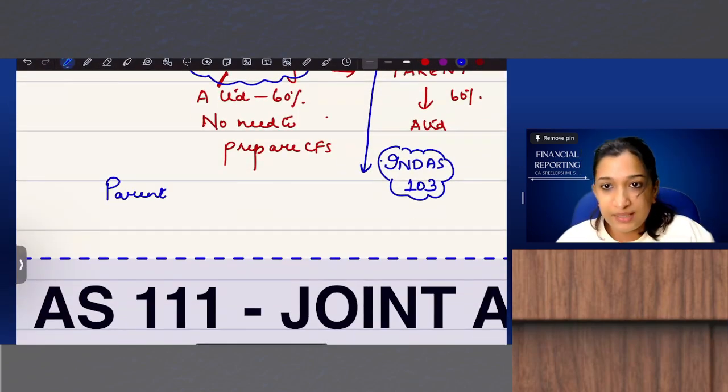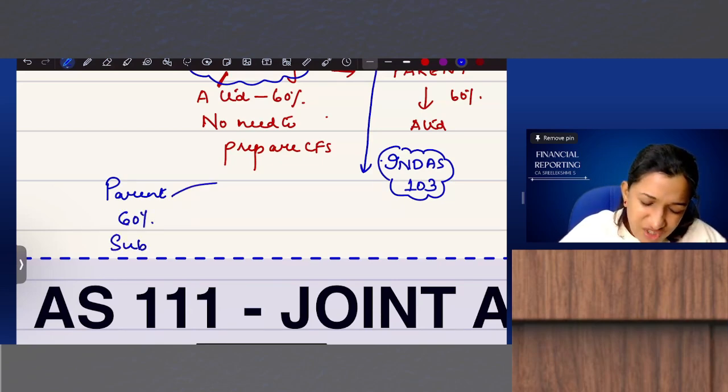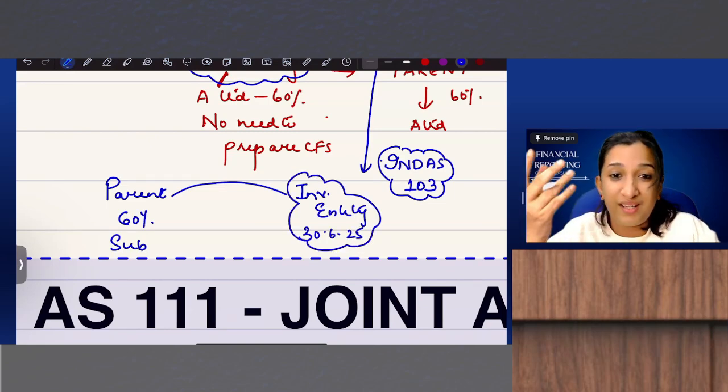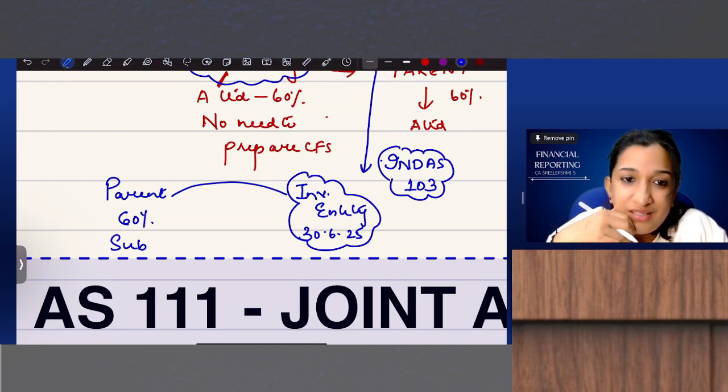It was a parent entity. Parent entity had 60% in subsidiary, but parent has changed the status to an investment entity on 30th June 2025. Then what is to be done? You can predict, you can guess and say what the treatment is.